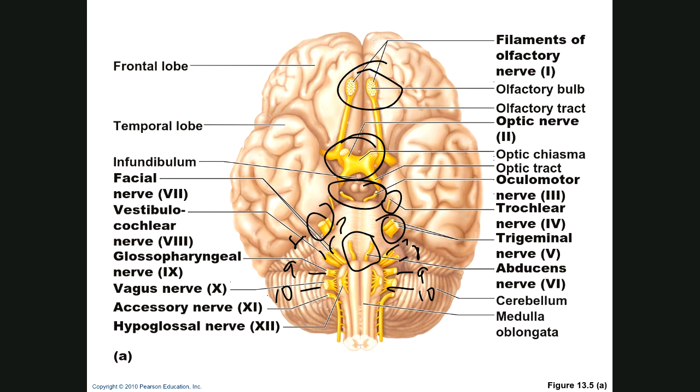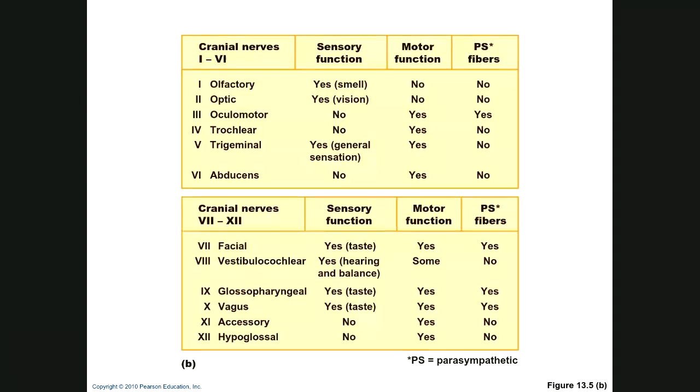The word vagus means vagabond because it is like a vagabond that wanders off to other parts of the body, not just the head. And then here from the chart, here is number 10, vagus nerve.